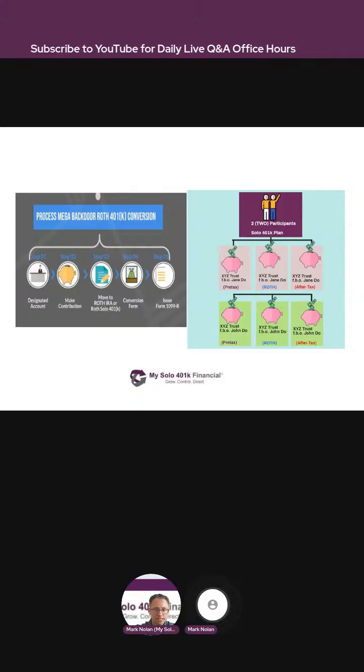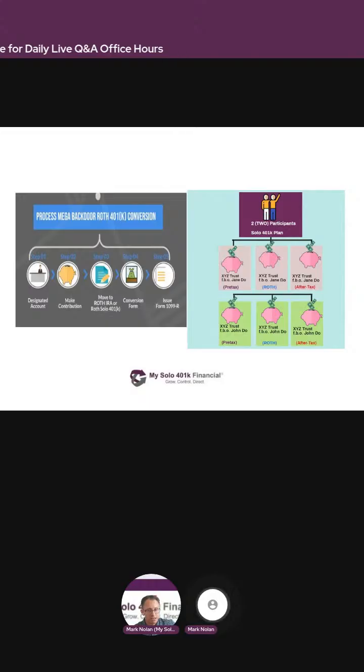So again, it's not considered 6 separate solo 401k plans. It's one plan, but each participant is required to have separate holding accounts for their funds, including fund sources. Hence why this slide here reflects 6 brokerage accounts or bank accounts, because you need to have a pre-tax, Roth, and an after-tax for each participant.